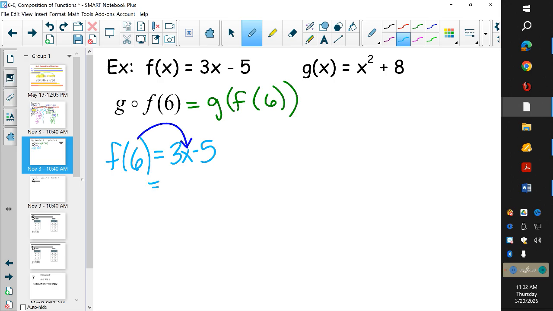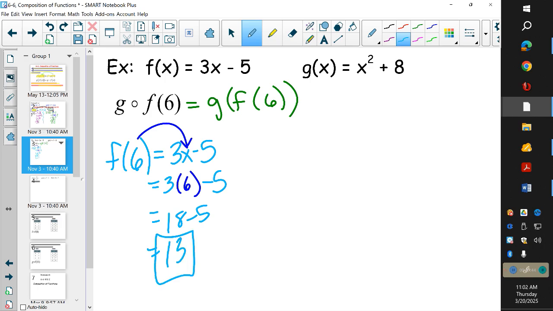So this is going to be 3, parenthesis 6, close parenthesis, minus 5. What is 3 times 6? 18, take away 5. What does 13 represent? 13 represents f of 6, which means I'm actually going to be doing g at the value 13. Yes?